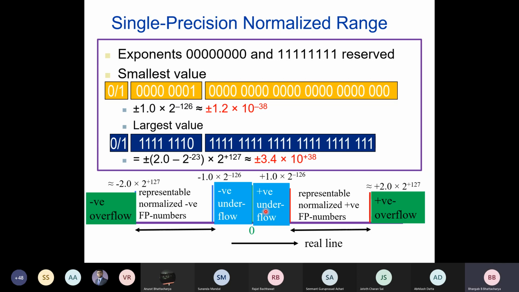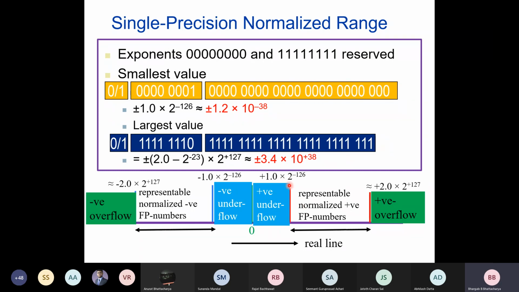Okay. And so you can see that you have an underflow region here and an underflow region here. So when you talk about the denormal range, the denormal numbers allow you to represent some numbers even in this underflow range. So here, when you consider the normalized representation of floating point, there is a sharp jump.